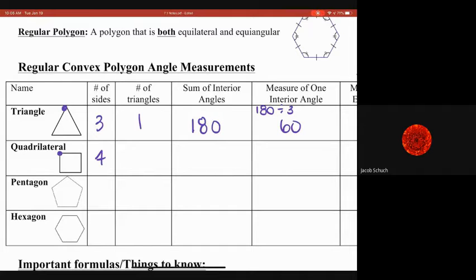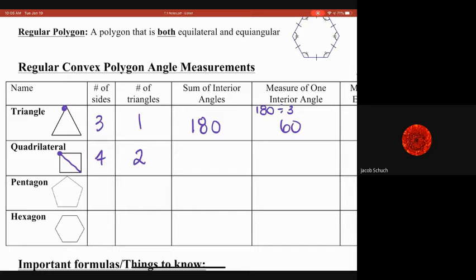How many diagonals can I draw from that vertex? Just one, to like this opposite side here. Now what that does is it takes your quadrilateral and it splits it into 2 what? 2 triangles. So if you have a quadrilateral, you can split a quadrilateral into 2 triangles using diagonals.